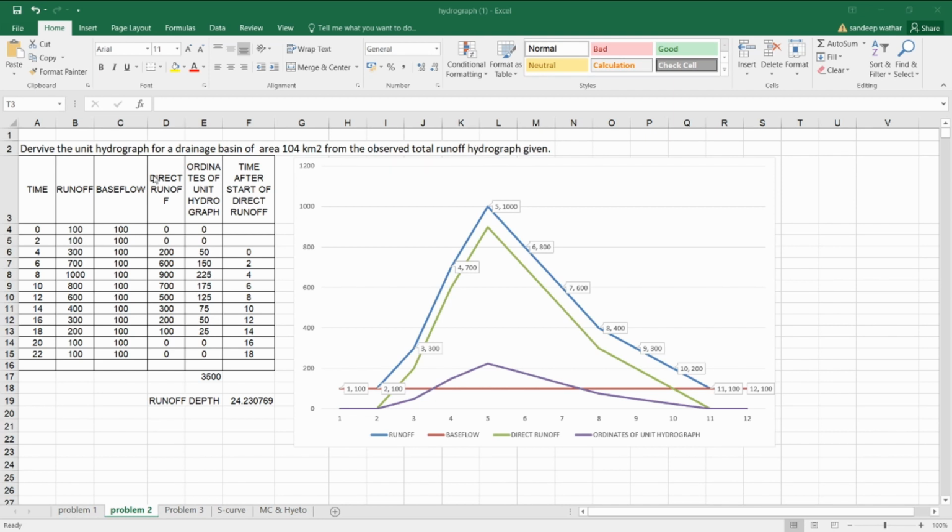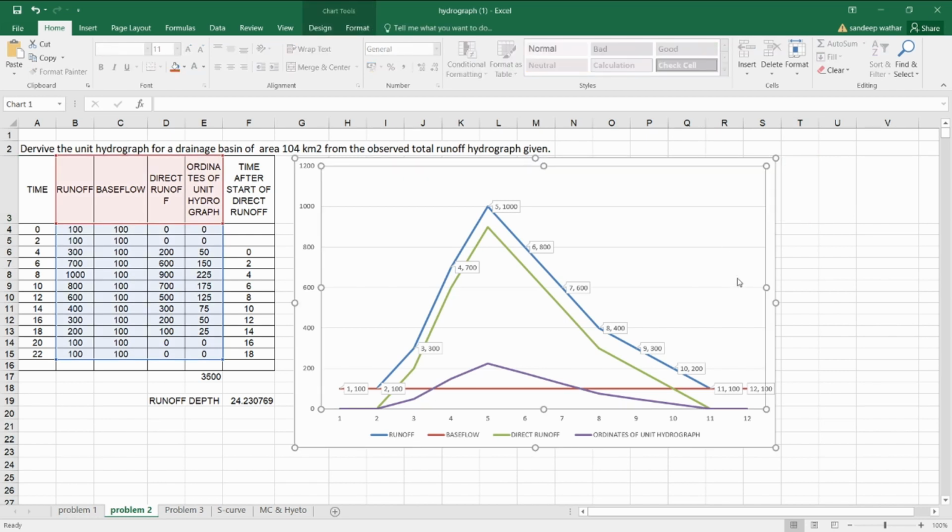Here they give you only time and runoff values. You need to determine the base flow, direct runoff and ordinate of the unit hydrograph. We'll come to all of these columns later.